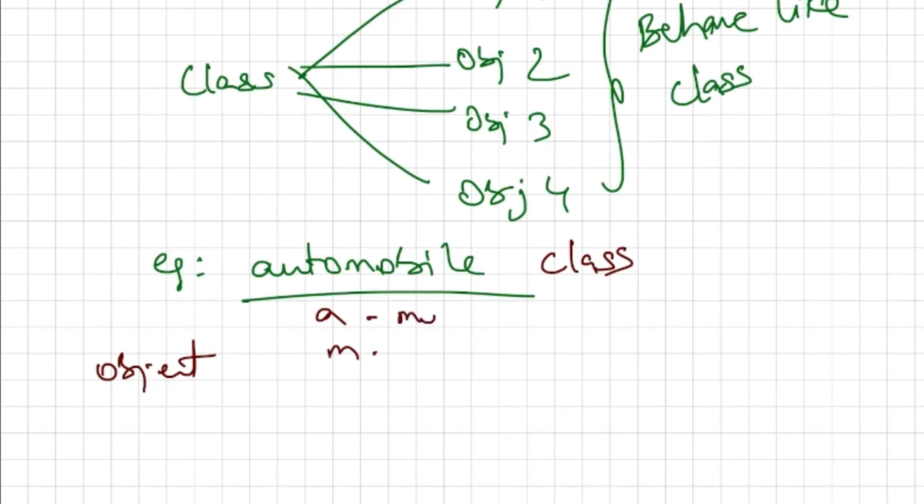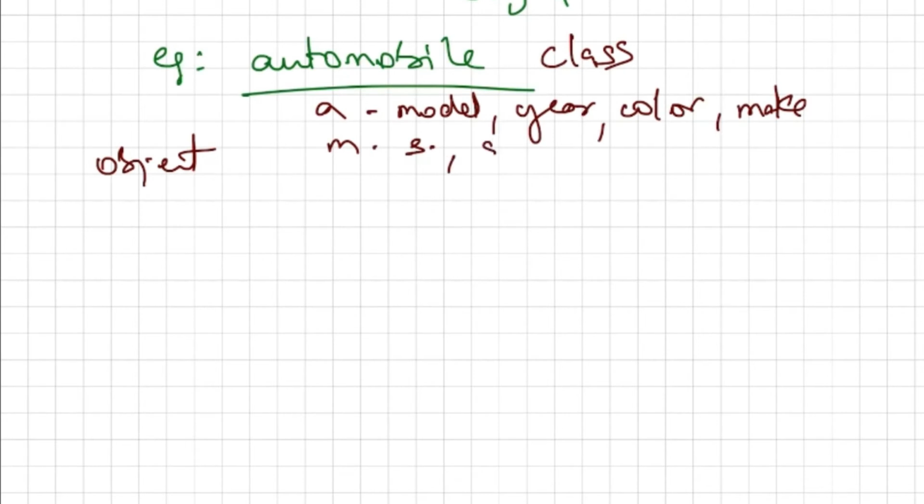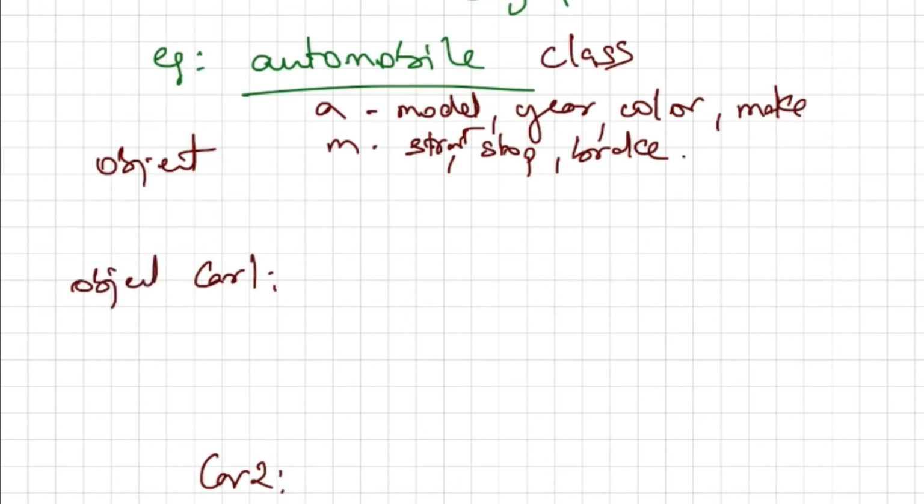Attributes can be model, year, color, make, and methods can be start, stop, brake. So let's create one object and call it car1, and then we'll have another object called car2. This is an object. This is also an object.